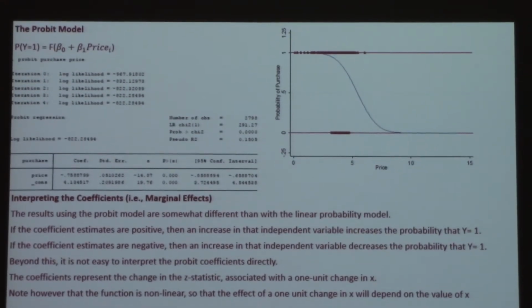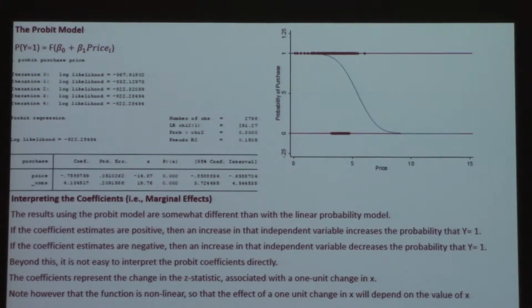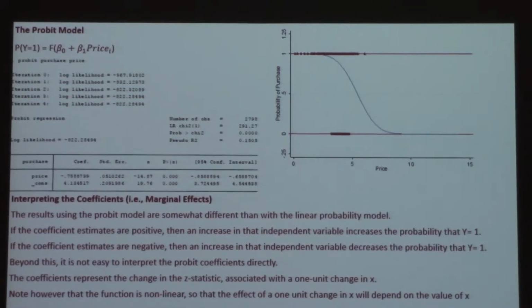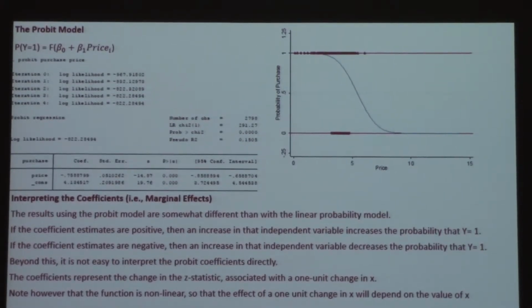The slope has the biggest effect, where price will have its biggest effect on determining whether or not we purchase, at that probability of 0.5, where we have the marginal consumer. You're sitting on the fence. Outside of that, we're going to have to figure out a way to make this stuff a lot more intuitive.